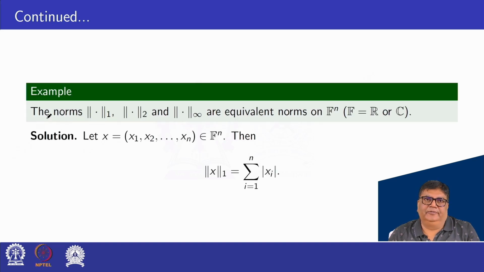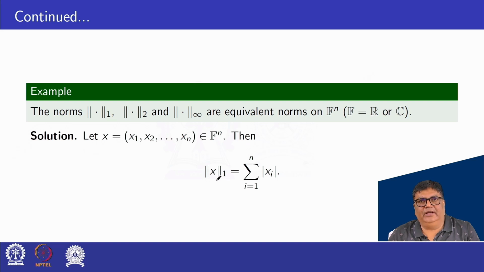For example, the norm 1, norm 2 and norm infinity are equivalent norms on Fn, where F is the set of real numbers or complex numbers. Let x equal the n-tuple x1, x2 and so on up to xn belonging to Fn.